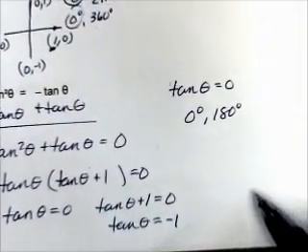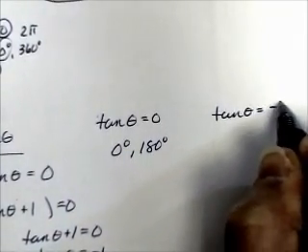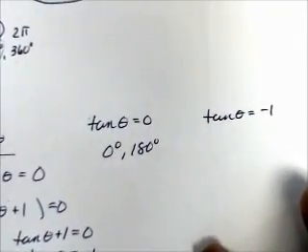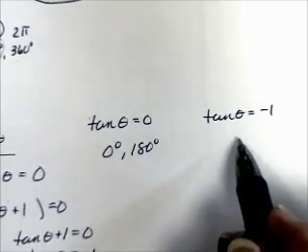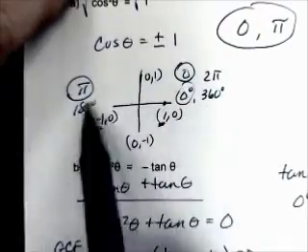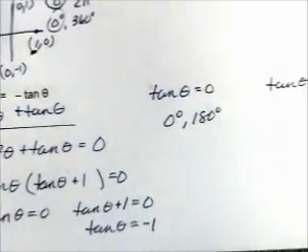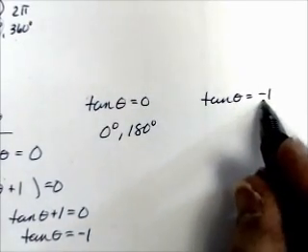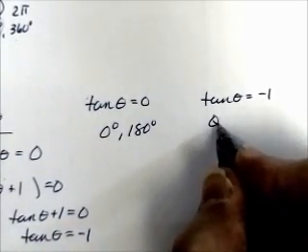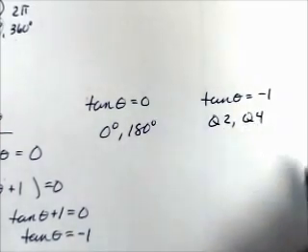All right, now tangent theta is equal to negative 1. So tangent is negative. We don't get any negative ones out of here for tangent. So this is where we're going to use the calculator. All right, tangent is negative in quadrants, all students take chemistry, in quadrant 2 and quadrant 4.